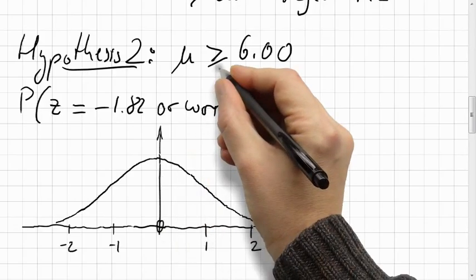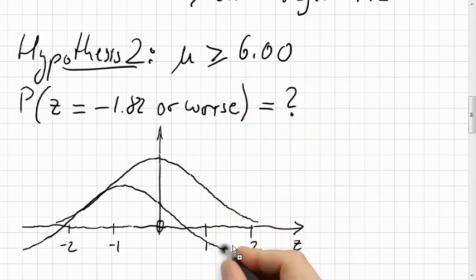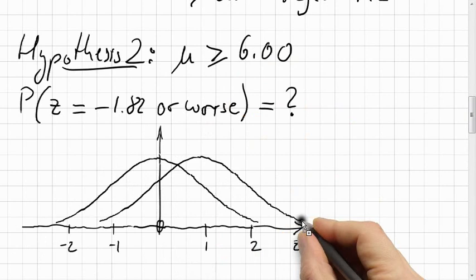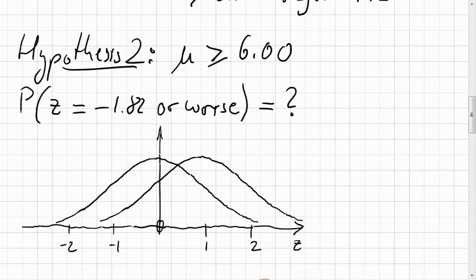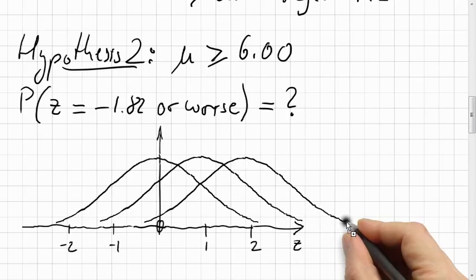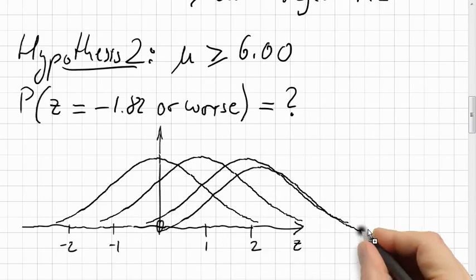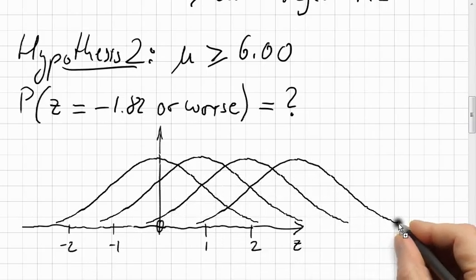But if mu was 7, this would be the distribution of z. It would be shifted by 1 to the right. If the expected value was 8, this would be the distribution. And if the expected value was 9, we would end up here.